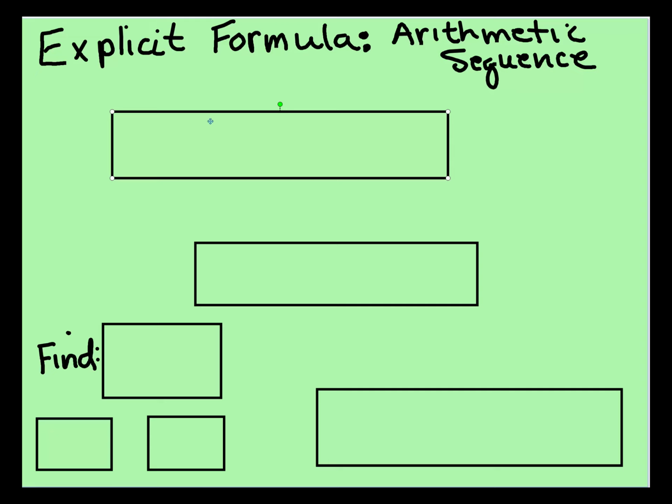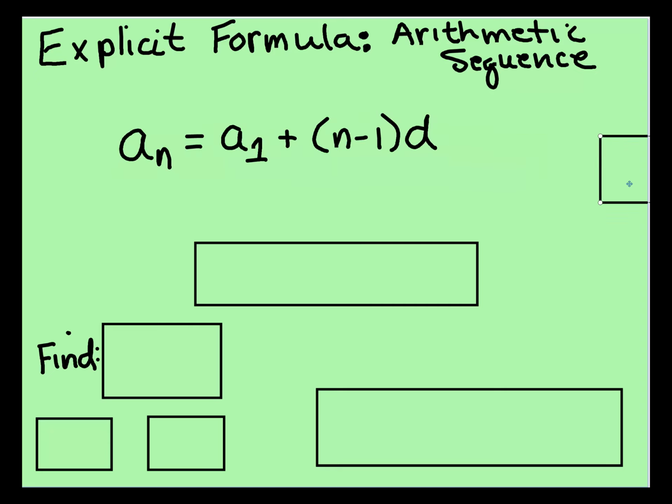Okay, now we're going to be working with explicit and recursive formulas dealing with arithmetic sequences. This first one is the explicit formula, and it tells us that if we want to find, say, the 100th term of a sequence, we would say a sub 100.